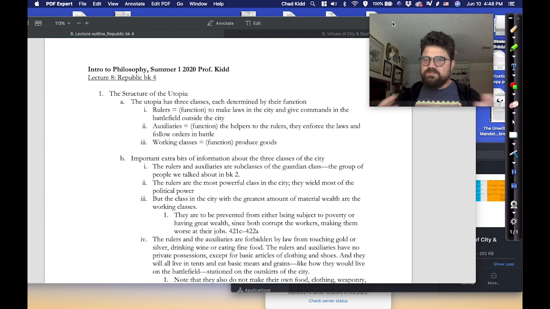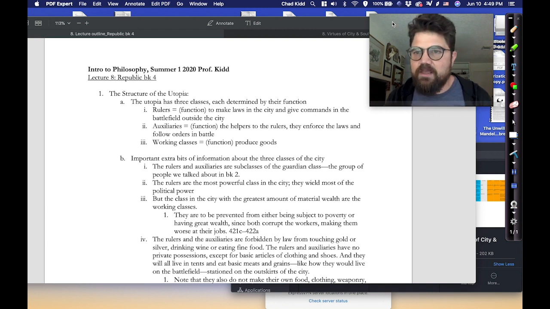What is it that draws us together as human beings such that we create cities? Well, Socrates observes, it's the fact that none of us is self-sufficient. None of us can provide everything we need for ourselves on our own. So, what do we do? We put ourselves together into cities and we cooperate in some way to help provide for those needs that we can't provide for ourselves individually.